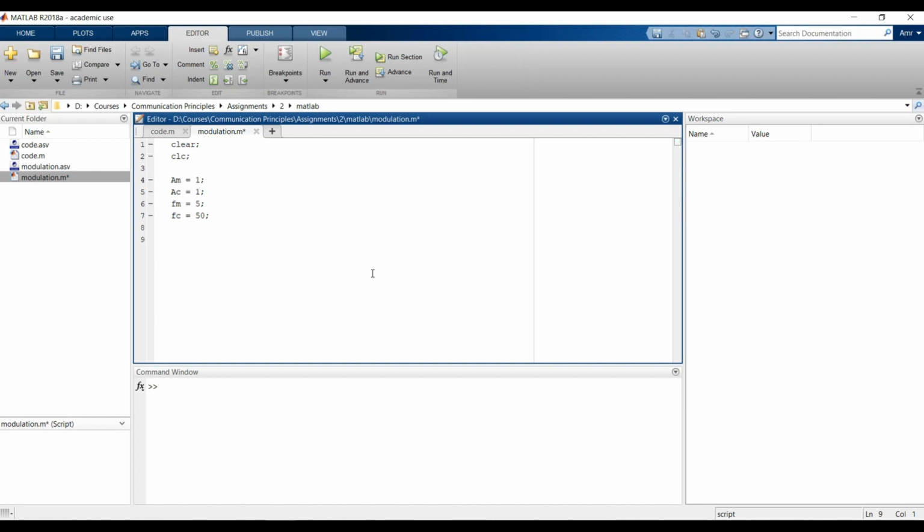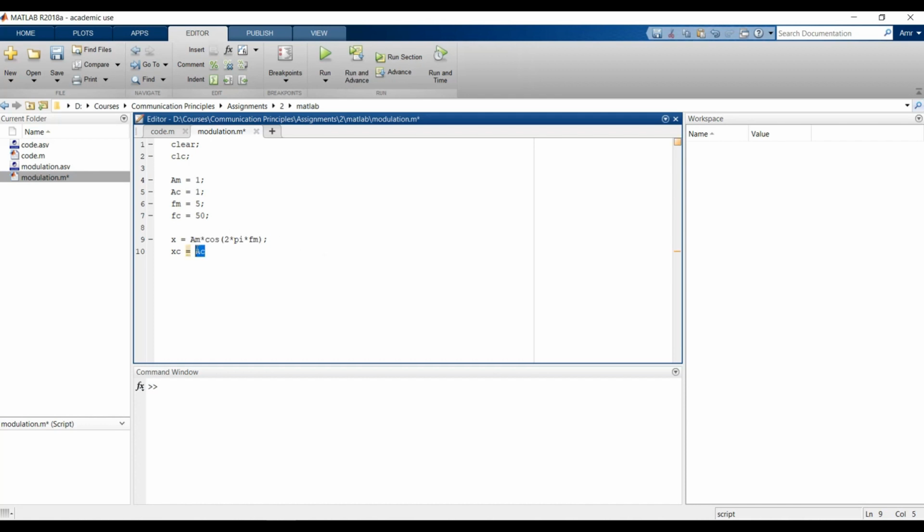Now let's write simply our equation. So if I am saying that our x, which is the modulating signal, is simply AM multiplied by cosine of 2 pi of the modulating frequency, and then I'm assuming that the carrier signal, xc, let's say, is AC, similar to this one actually.